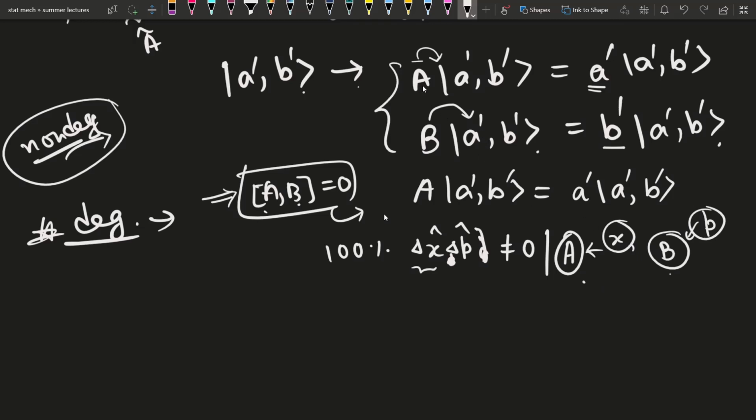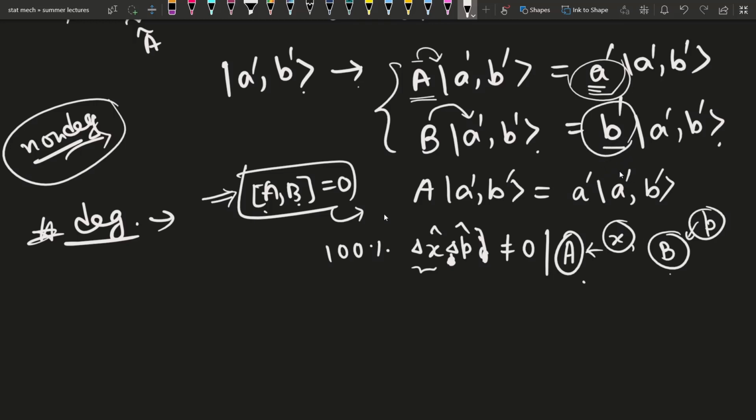So if we operate A on the state, we will get some eigenvalue, and then sequentially if we operate B on the state, we will get another eigenvalue.